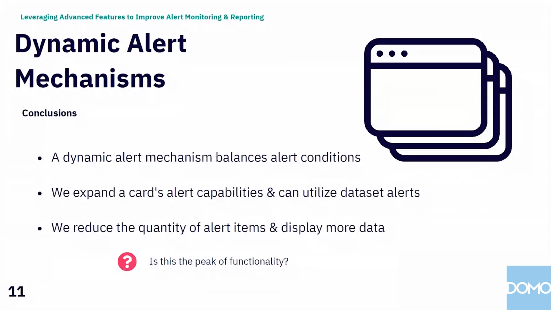So not only do you need to create a card that has one element of your data, we can do multiple forms and still use that information to create alerts and tell a better story inside that card. So once again, is this the peak of the functionality of alerts inside of Domo?